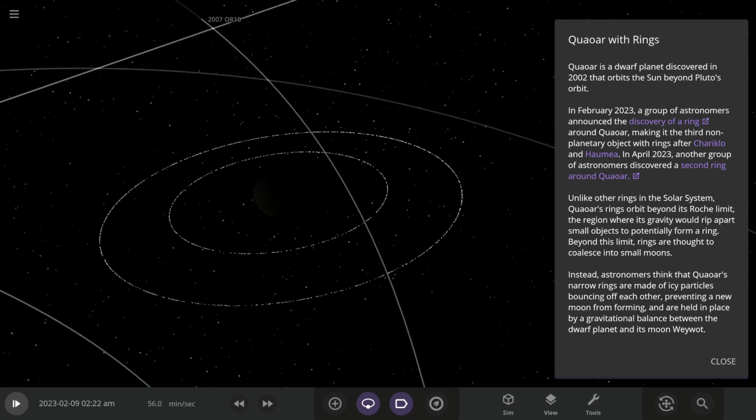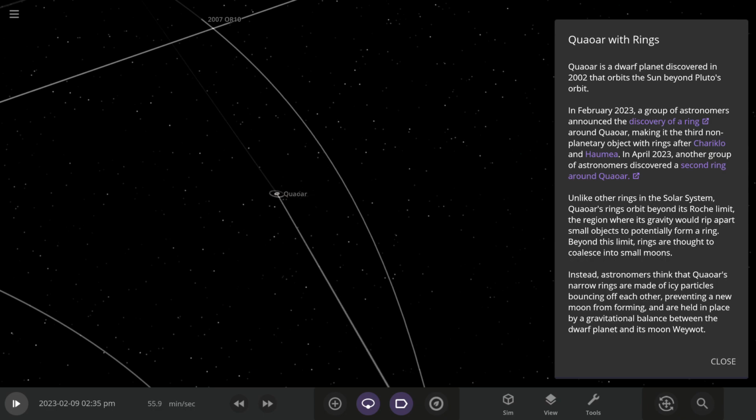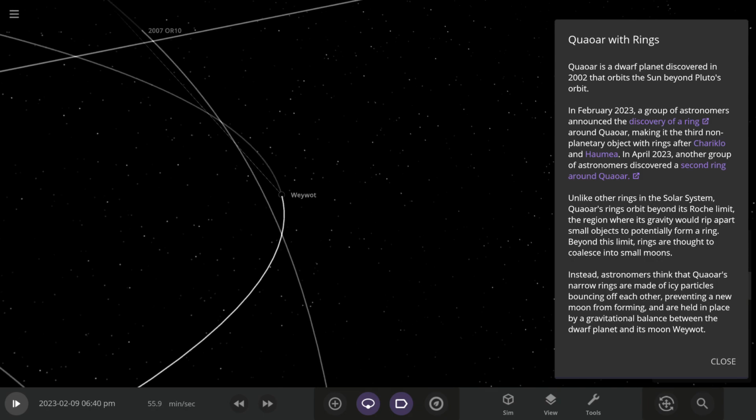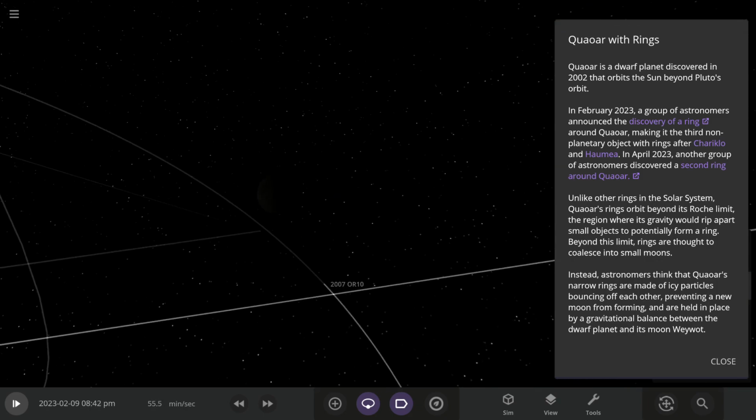Alright, let's read. Quaoar is a dwarf planet discovered in 2002 that orbits the Sun beyond Pluto's orbit. Oh, it has a moon? Okay.